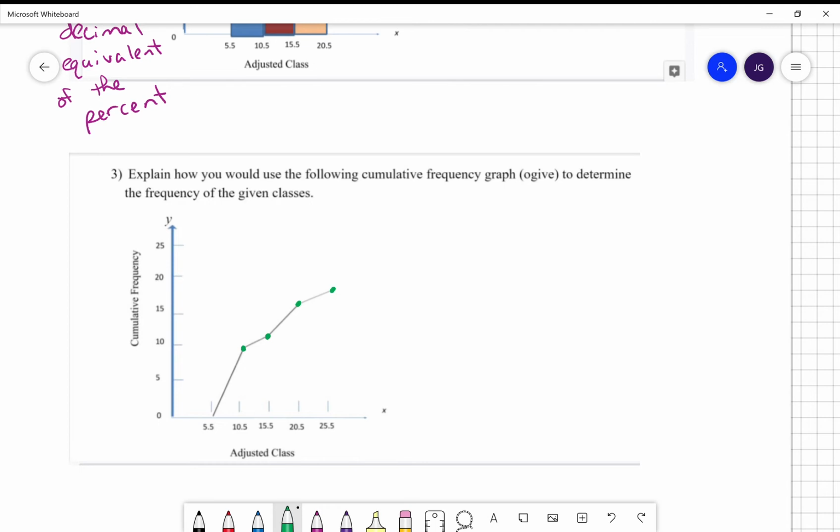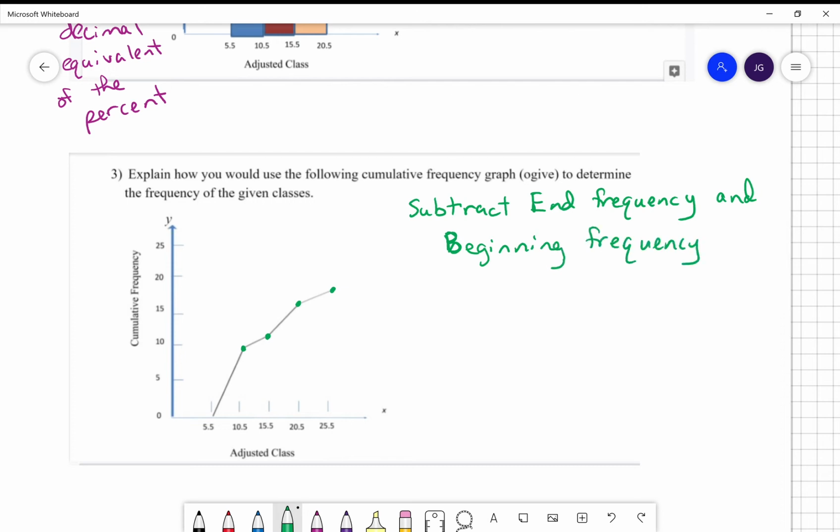So for my first class, I'm going to subtract the end frequency and beginning frequency for each class.